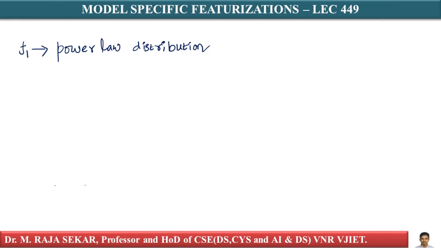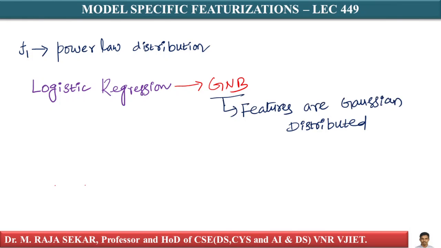We know that logistic regression is nothing but Gaussian naive-Bayes with Bernoulli's distribution on the y-i's. What does Gaussian naive-Bayes internally assume? It internally assumes that your features are Gaussian distributed.